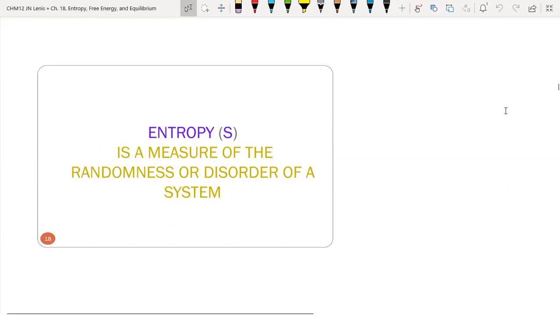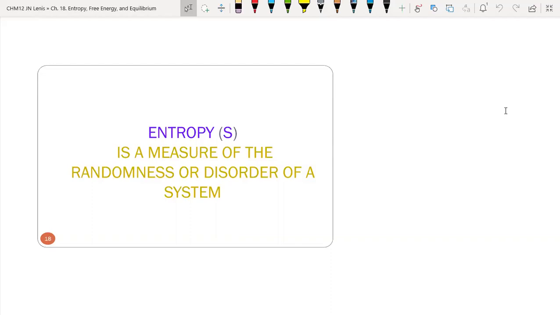Entropy is a very complex concept. I can give you a hint about that by saying that entropy is a measure of the randomness or state of disorder of a system.